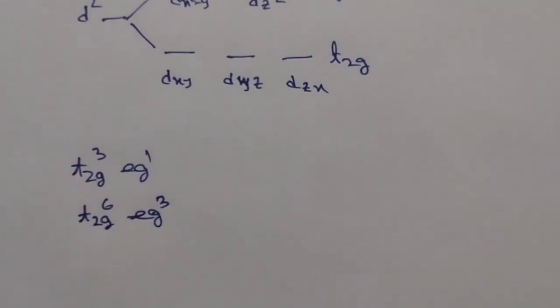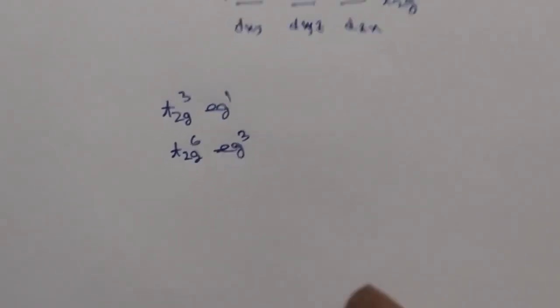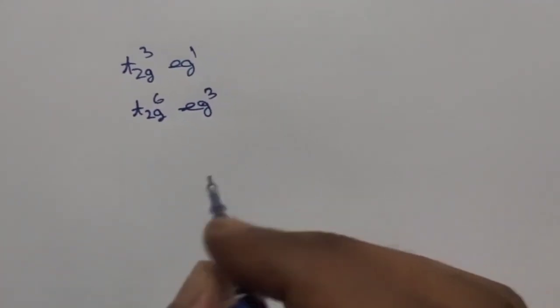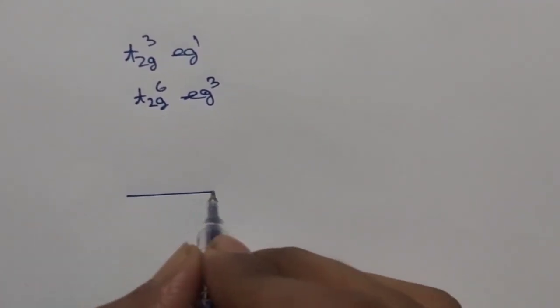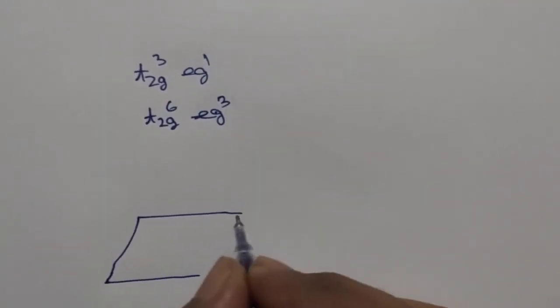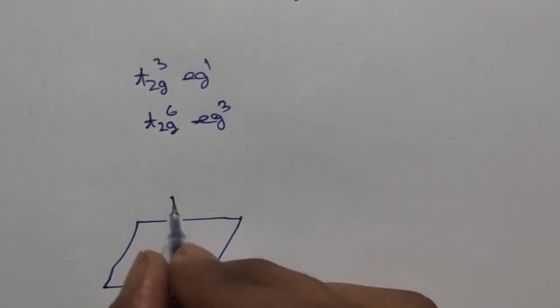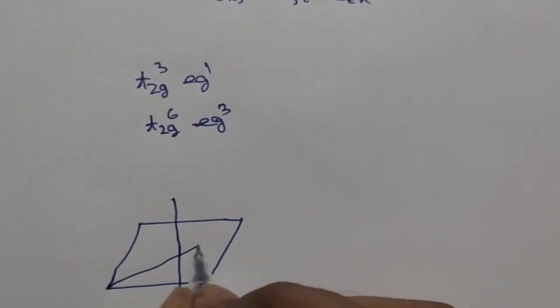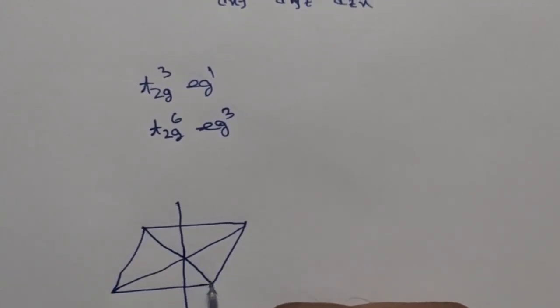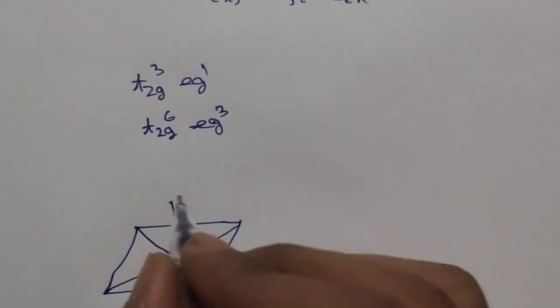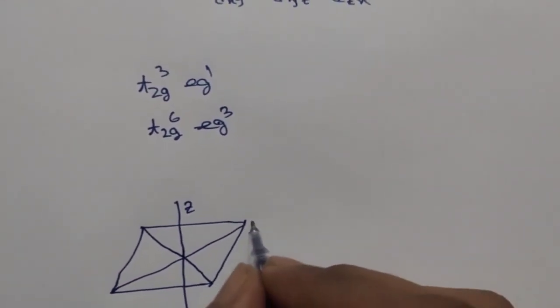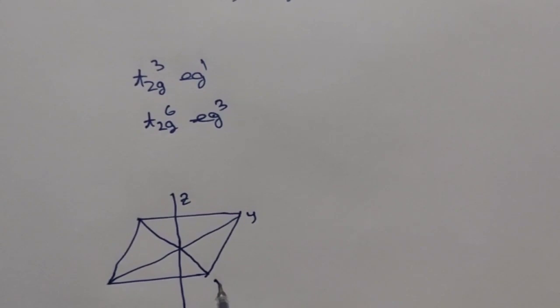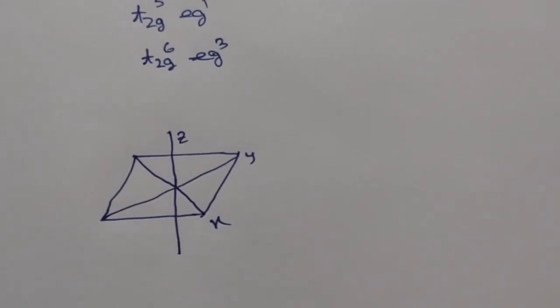Let us further explore it. If you see the geometry of an octahedral complex, this is the z-axis, this one let us call y and this one is x.